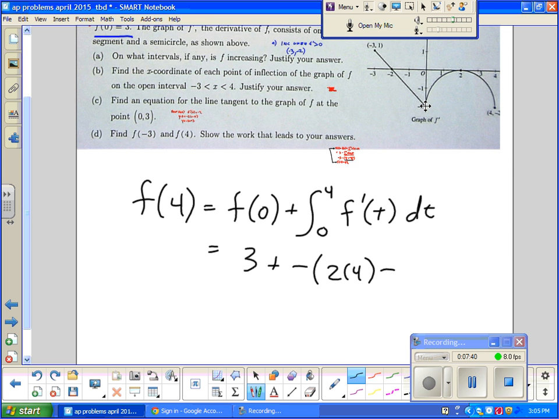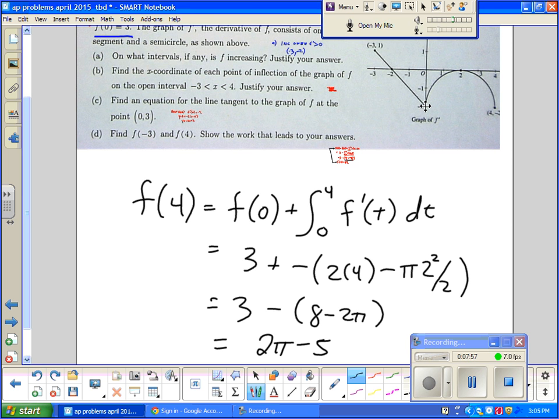The semicircle is pi r squared over 2, and the radius is 2. So I get 3 minus 8 minus 2 pi. So I get 2 pi minus 5 is the answer for f of 4. And that is the answer. And again, 1 point for this setup. 1 point for the answer to the fundamental theorem of calculus.